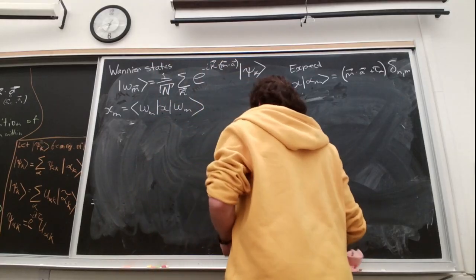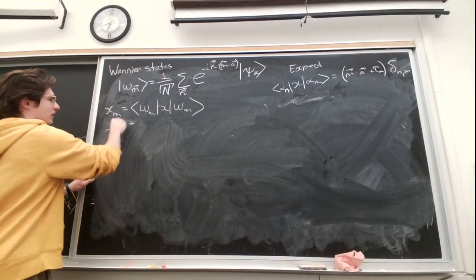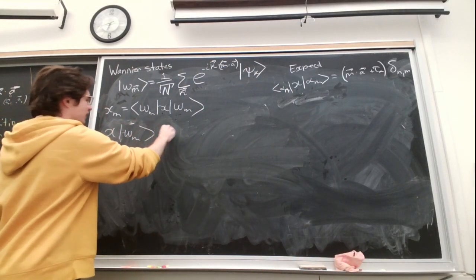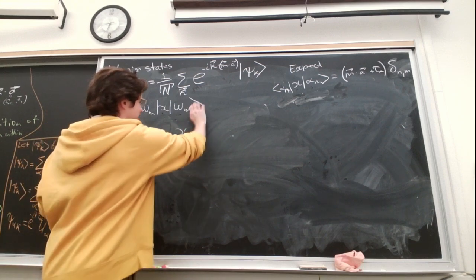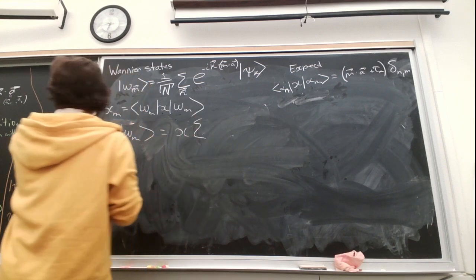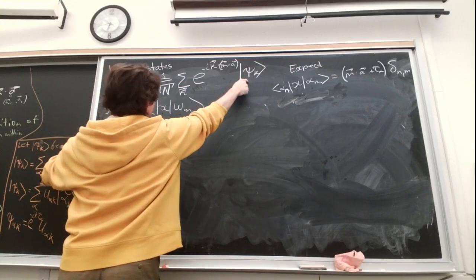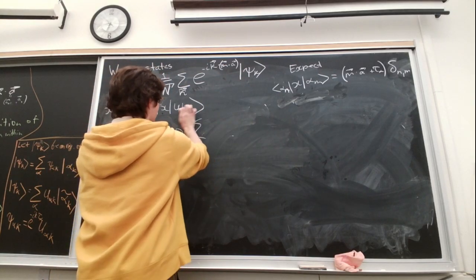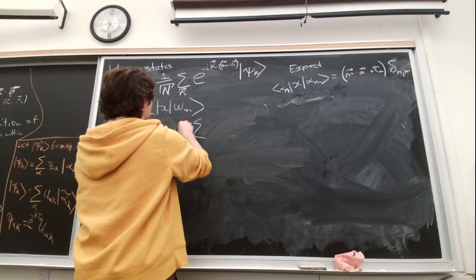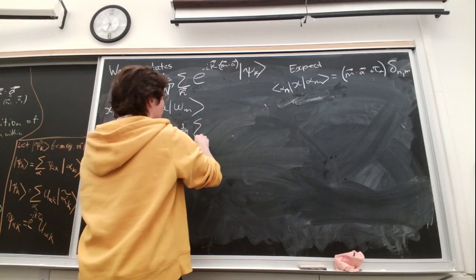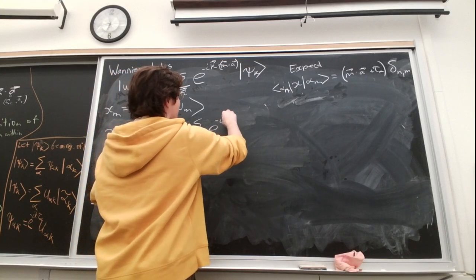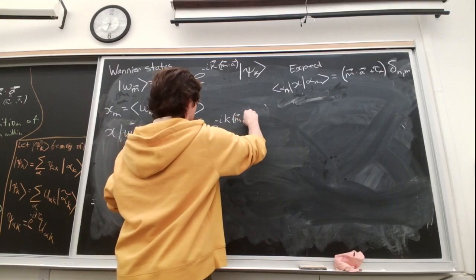Okay. Let's just compute this. Omega m. I substitute this in, and then I'll substitute this in at the same time. So this is x applied to 1 over root n, sum over k, e to the minus i k dot m dot a.